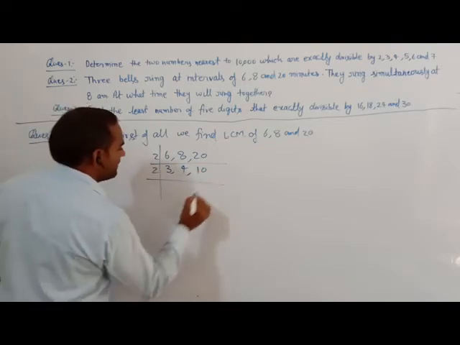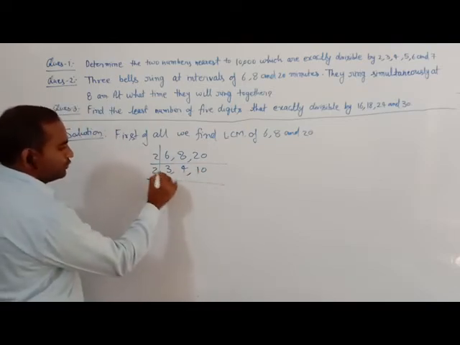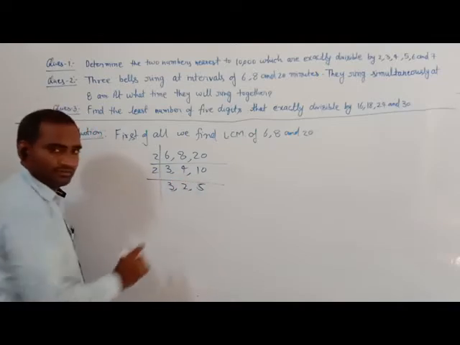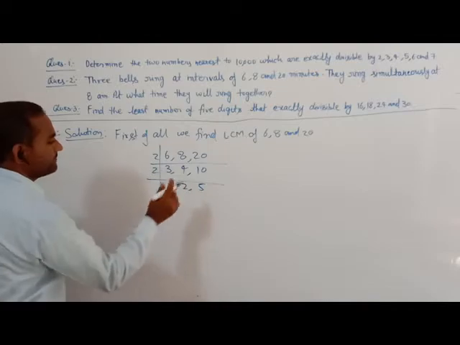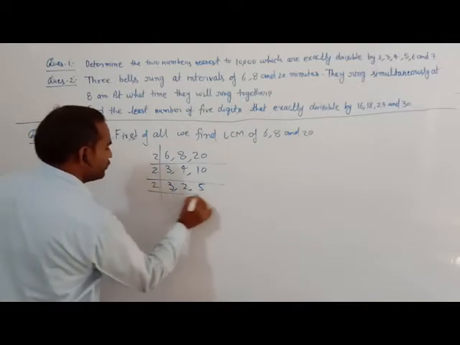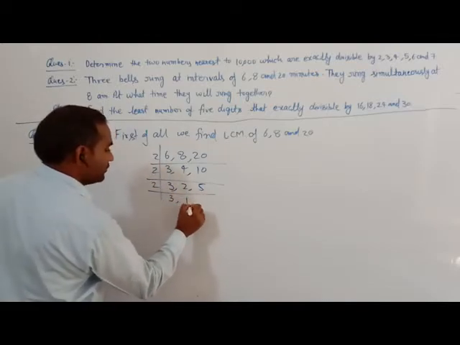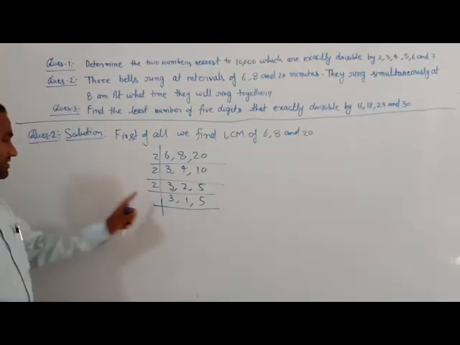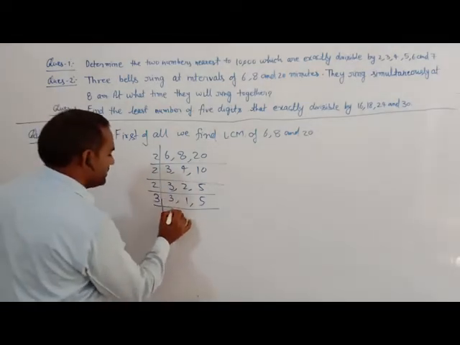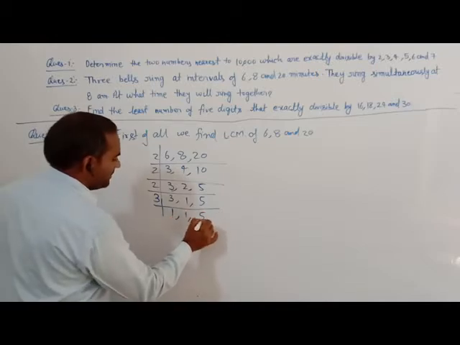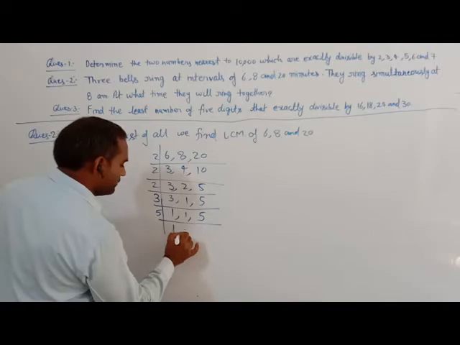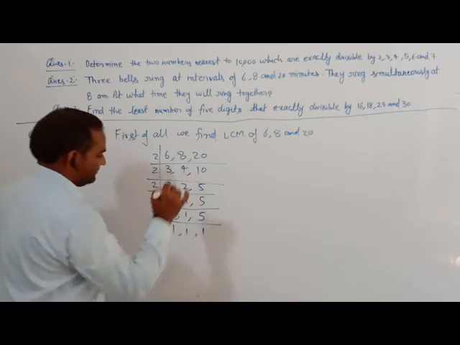Now we divide again by 2: 3, 2 twos are 4, 2 fives are 10. Again by 2: 3, 2 ones are 2, and 5. Now we take the next number, that is 3: 3 ones are 3, 1, 5. Now the next number is 5: 1, 1, 1.